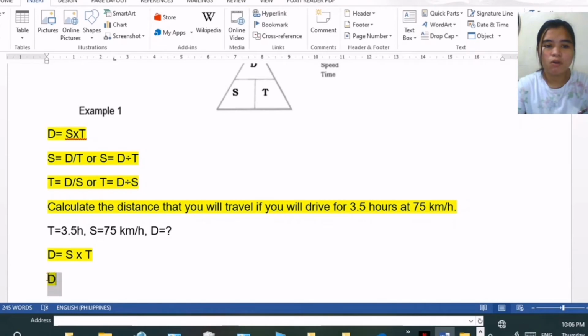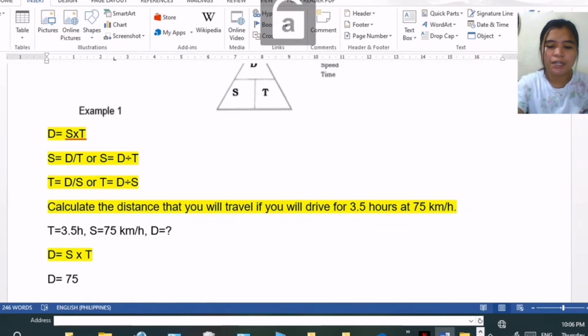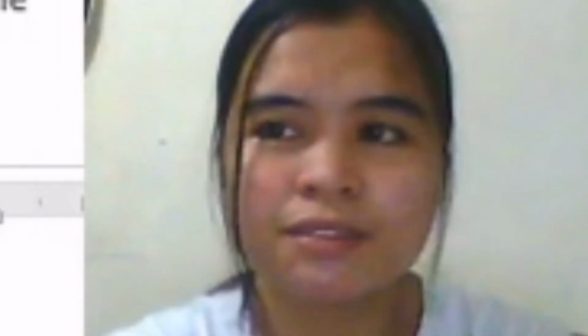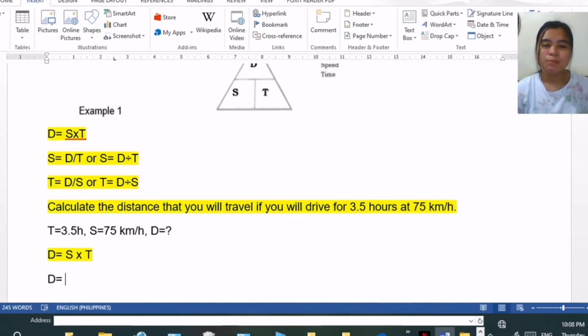Okay? So, just copy D, and then copy equal. And then, let's substitute the given value of S, which is 75 kilometer per hour. And then copy times or multiplication symbol.